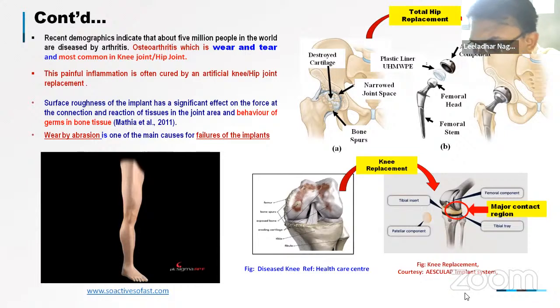Majorly, I will be talking about process development. What are the various processes that can be used for finishing this knee joint or femoral component? The same applies to the femoral head. This is the destroyed cartilage. This is the diseased hip joint, and we have implanted artificial joints here.